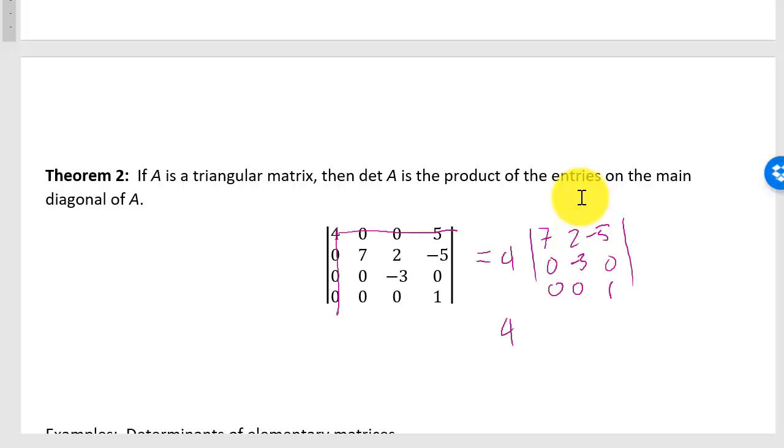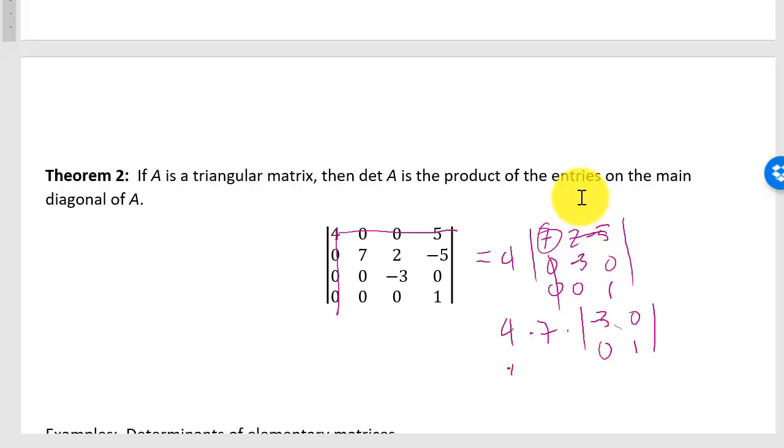But then if we think about expanding on a particular row or column, let's expand on the first column, then we have 7 times minus 3, 0, 0, 1. And then this is already a 2 by 2 matrix, so we can just find the determinant here.